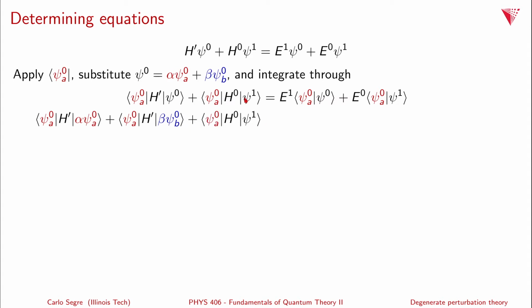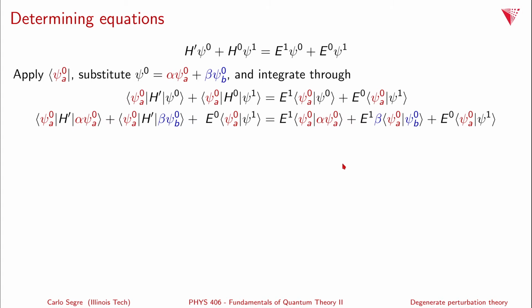The second term remains the same. It's psi A0 H0 psi 1. And on the right side, we have E1 psi A0 alpha psi A0 plus E1 psi A0 beta psi B0. Now remember, beta and alpha are constants, and then you have the fourth term over here, which remains unchanged, which is E0 psi A0 psi 1.